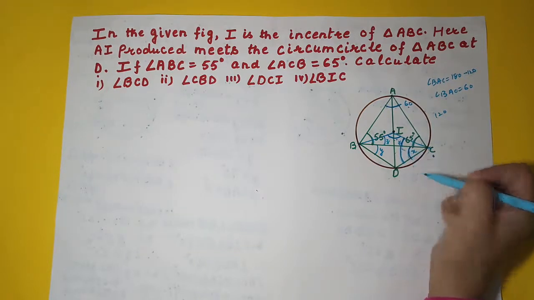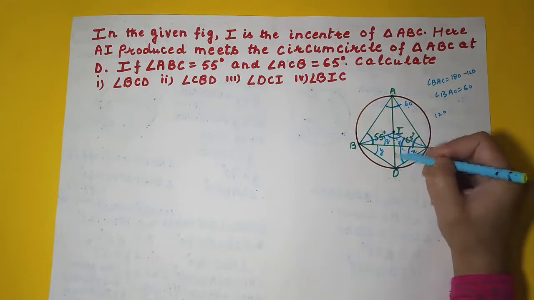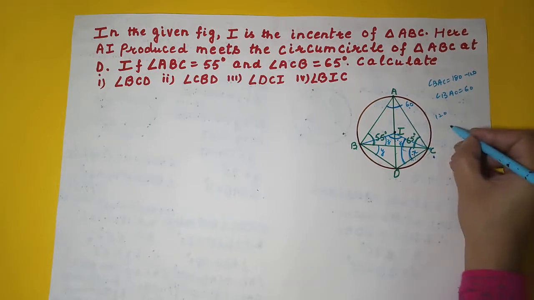How do we get this X? If you look at this triangle and this angle, this is the angle in the semicircle, so this entire angle is 90. So X will be 90 minus 65. So we got X as 25.